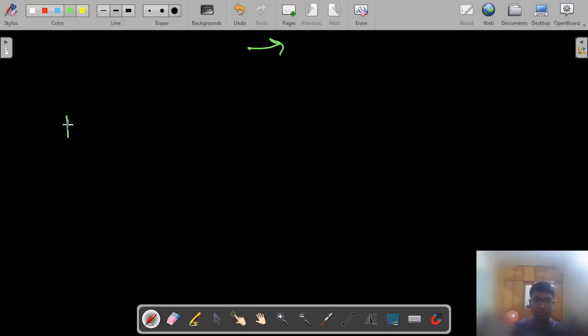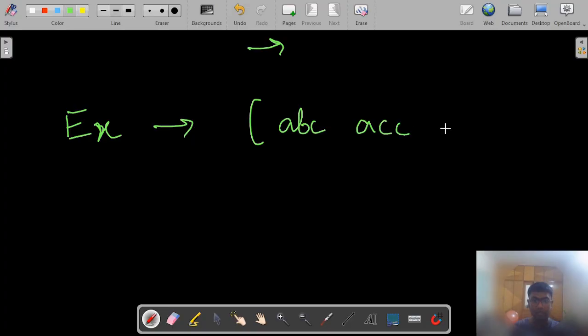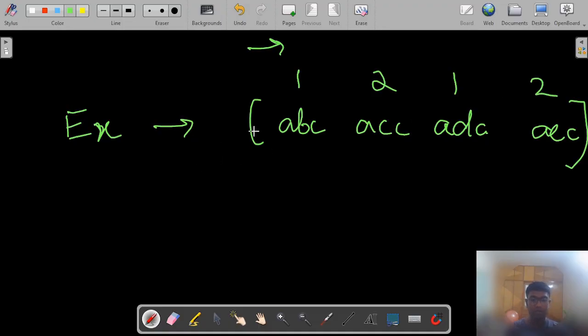We can take a look at a specific example. Let's say we take ABC, ACC, ADC, and AEC, and there will be group numbers 1, 2, 1, right? So let's walk through the solution. If we consider ABC and move on to ACC, this is a valid pair for the subsequence.